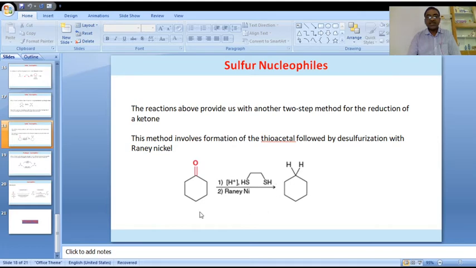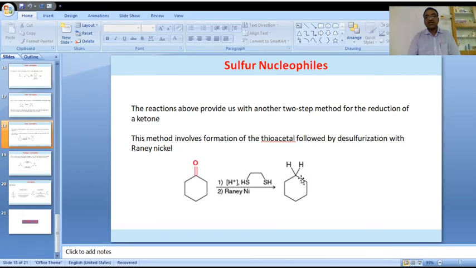Here, in this reaction, please observe, this is the starting material, a cyclic ketone, reacting in a two-step method. This is the first step.